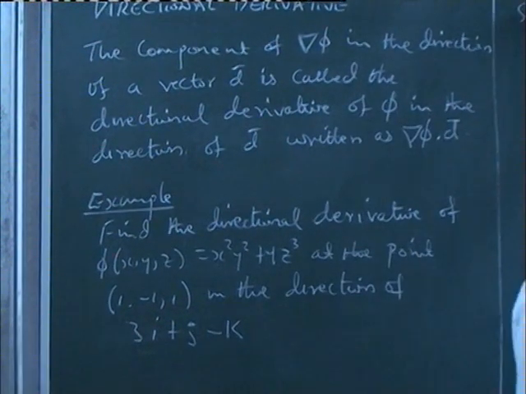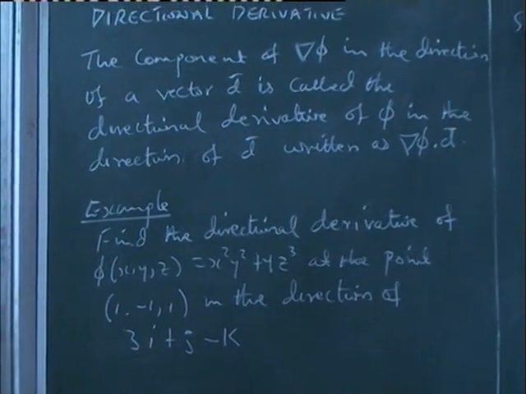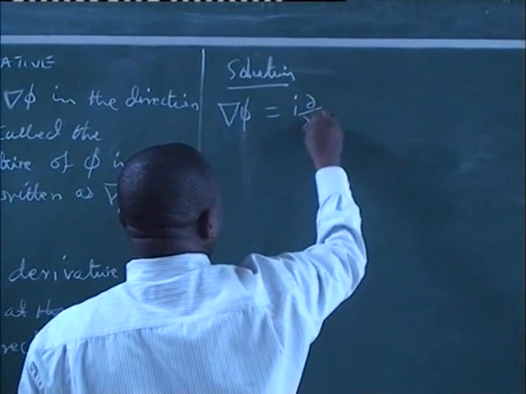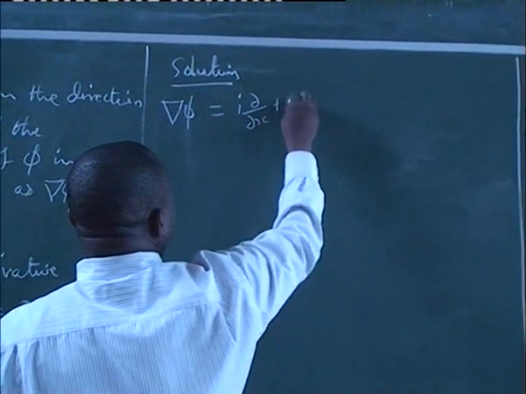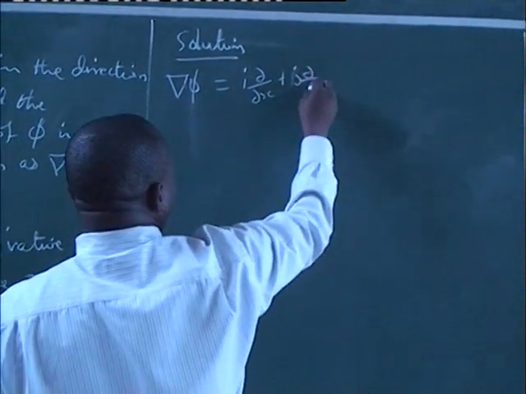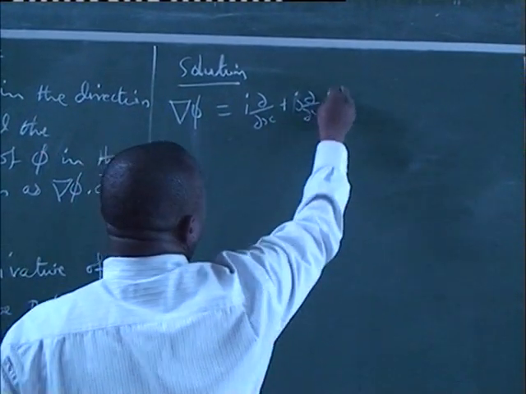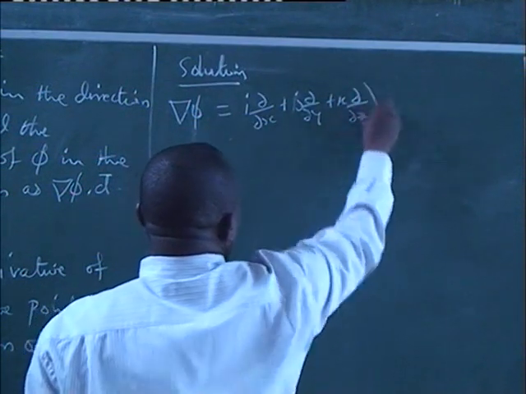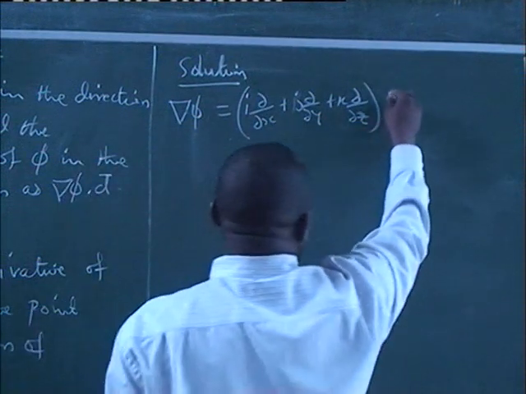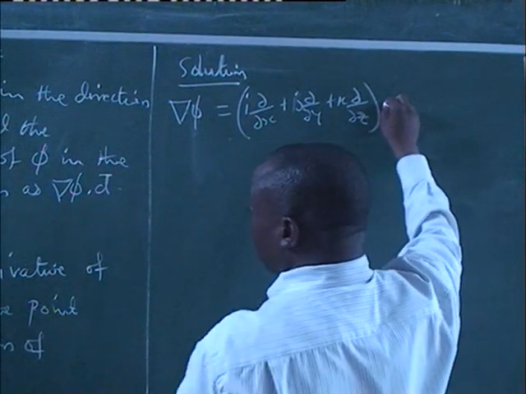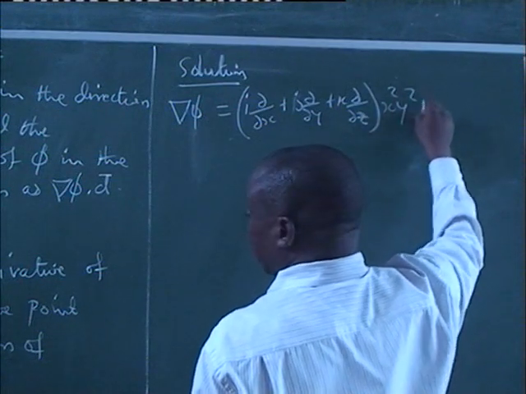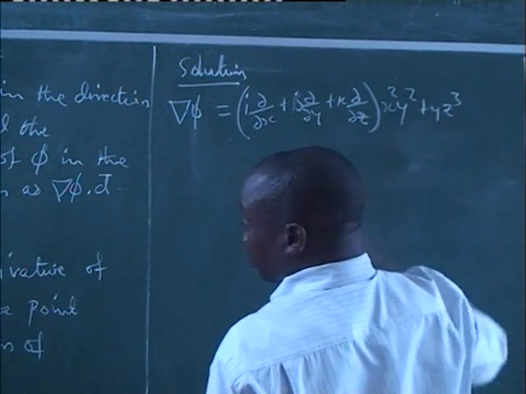So in the solution, we have i partial x plus j partial y plus k partial z times phi, and phi here is x squared y squared plus y z cubed.